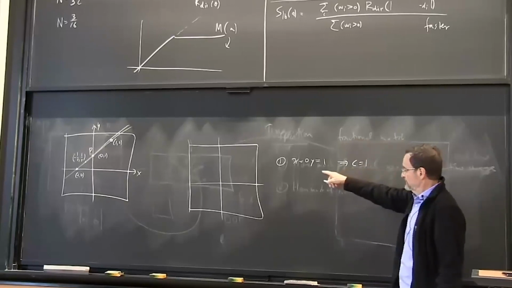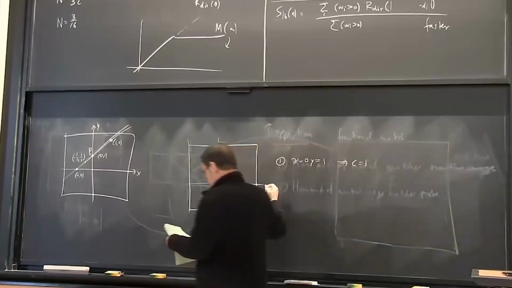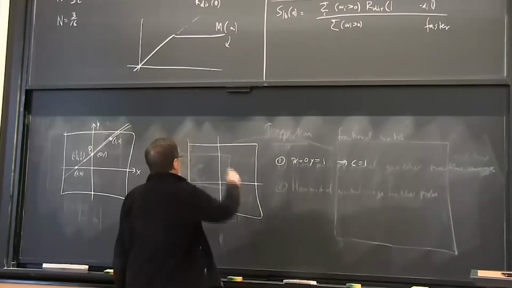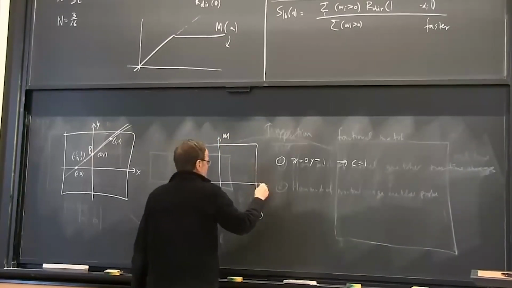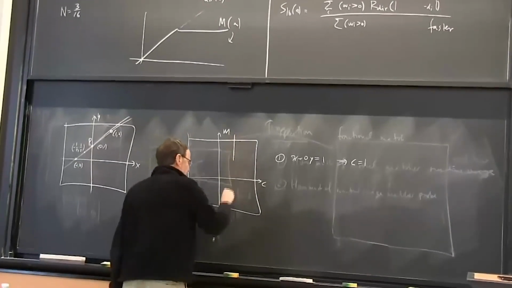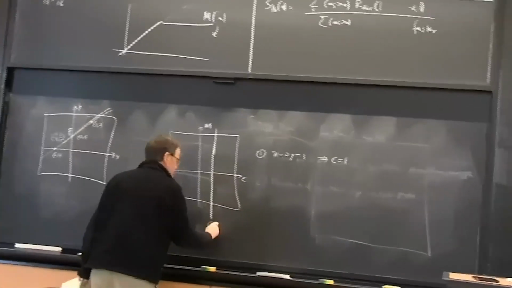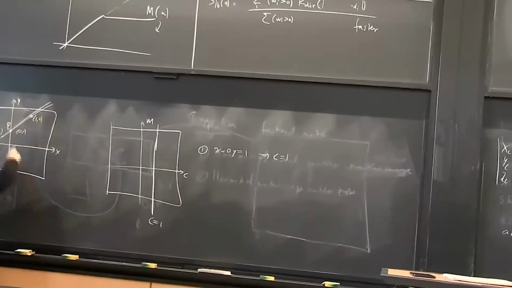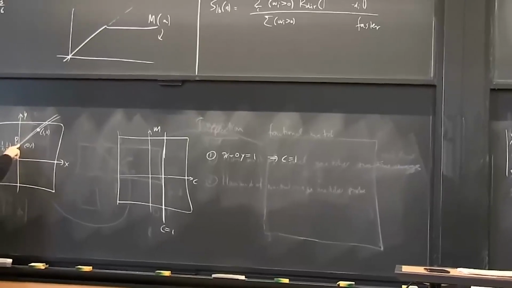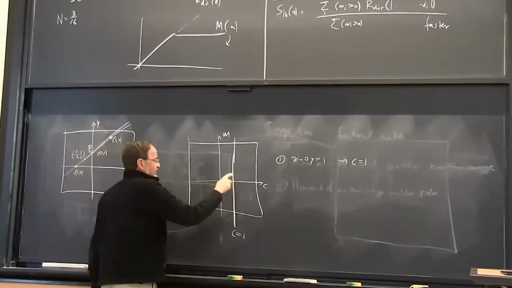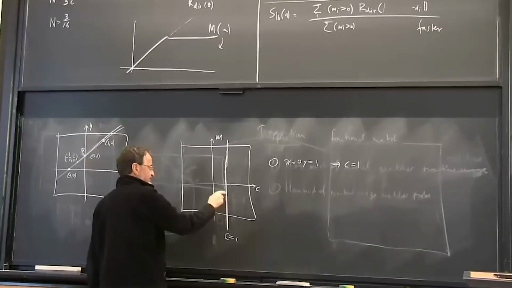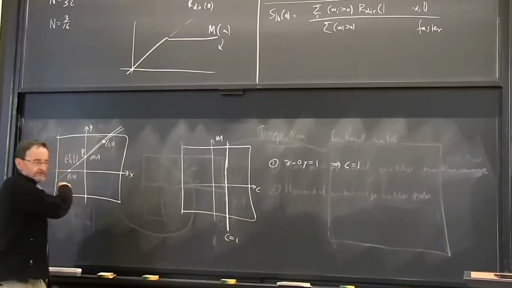So then I can plot that in here, M going up. Okay, c equals 1 in this space is that line. That's the line c equals 1. So this point gives me evidence that the line I'm looking for is one of those lines. Well, each point here corresponds to a line in that space.